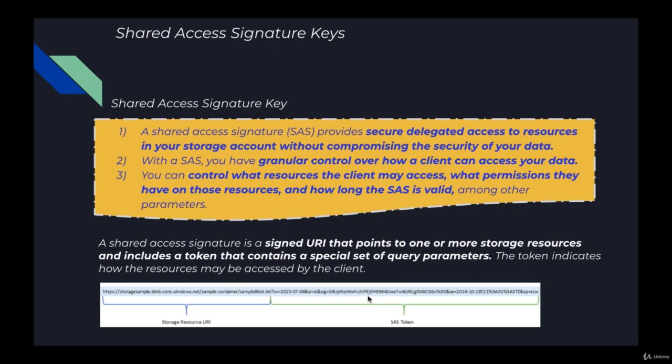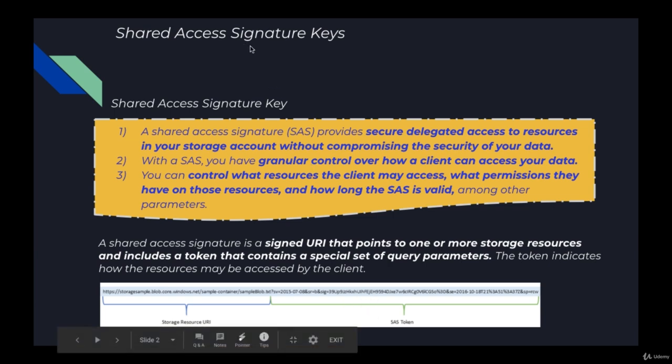When a client provides this SAS URI to Azure Storage as part of the request, the service checks the SAS parameters and the signature to verify that it is valid for authorizing the request. Remember, it is verifying the signature to authorize the request, not the token.